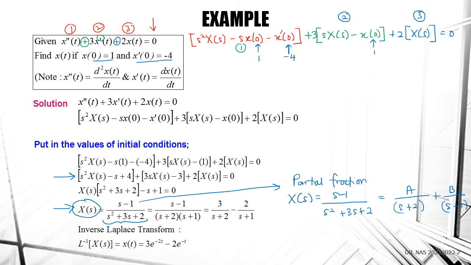So solve for a and b. Replace a and b inside the equation. Then perform inverse Laplace transform of Xs. Then you get the xt. So this is your xt.